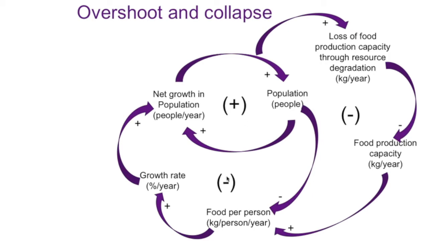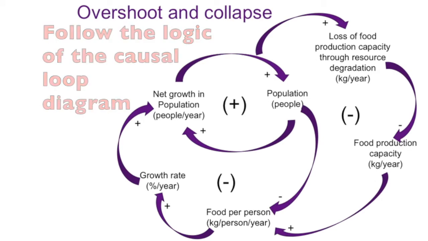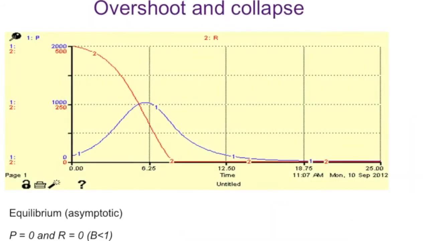So the first part is the same as we saw on the logistic growth, but then we also have a third loop, a third negative loop or dampening loop, okay? And this is how our figure will look.